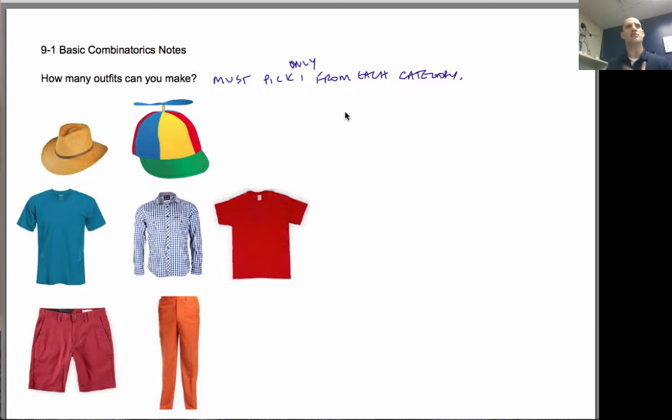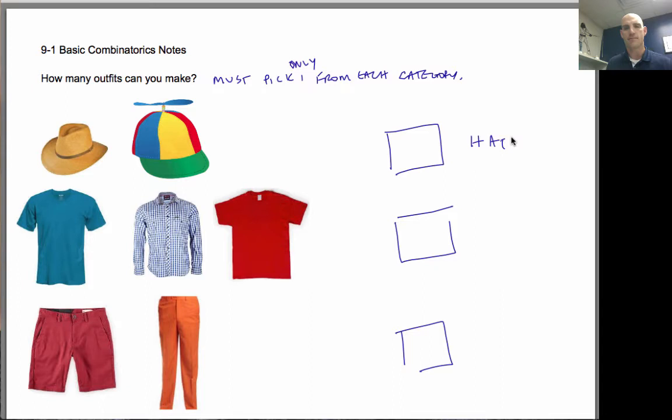And so for me, it's always helped me to think about it like, okay, I've got 3 boxes here. And here's what I mean. You've got a hat, you've got a shirt, and you've got pants. In that box is going to go the number of choices that I have, because ultimately I could take this hat and wear it with this shirt, right?